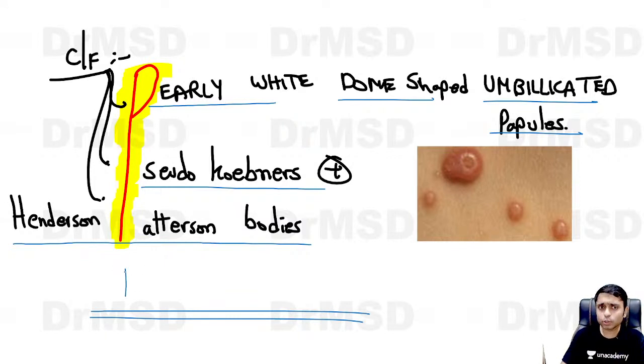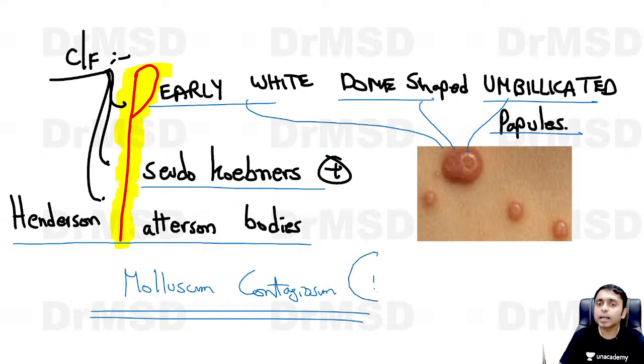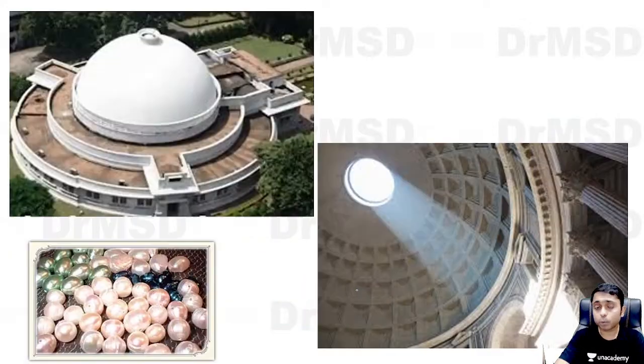Yes, very good. So the answer is Molluscum contagiosum. So you are able to see these beautiful pearly white, dome-shaped, umbilicated papules. What does umbilicated mean? A central depression will be there in these papules. So these are seen in Molluscum contagiosum, which is basically caused by pox virus.